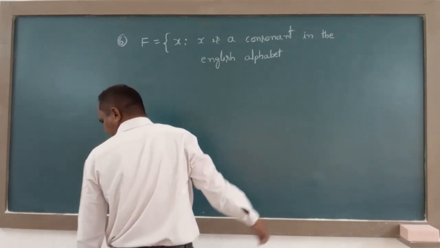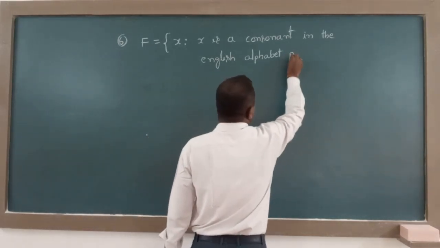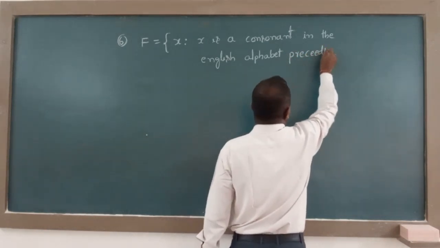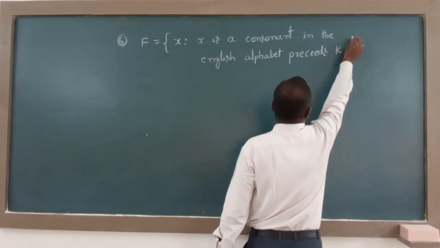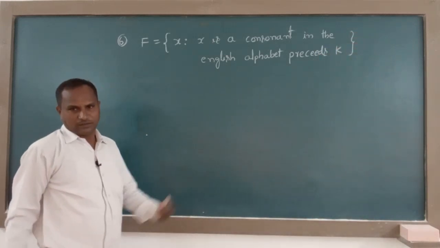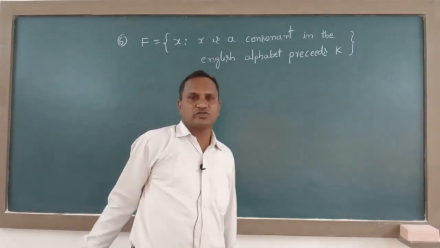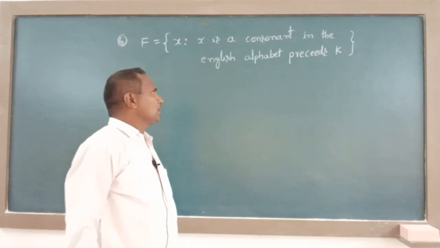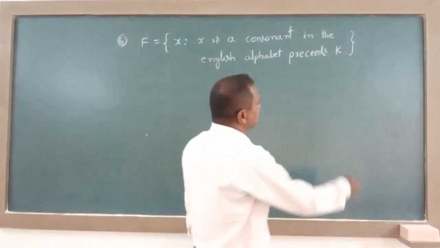Precedes K. Before K, what are the consonant letters we should write? Generally, what are the vowels here?